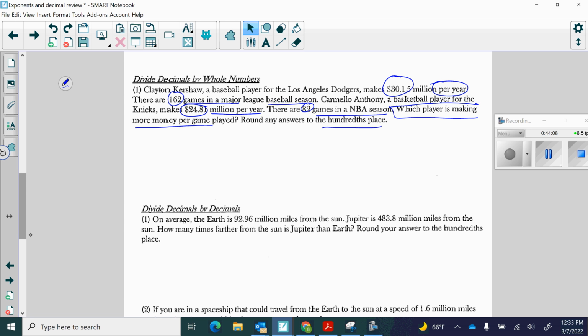So let's start with Clayton Kershaw. We have 30.15 divided by 162. So that would go once. Borrow 11, that's 9, 3, 1, bring down my 5. That would go 8.